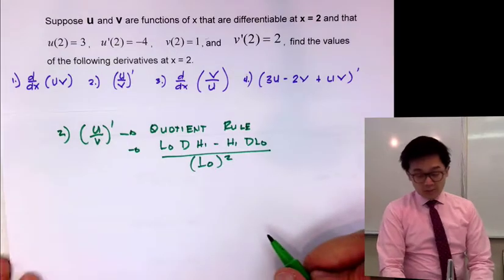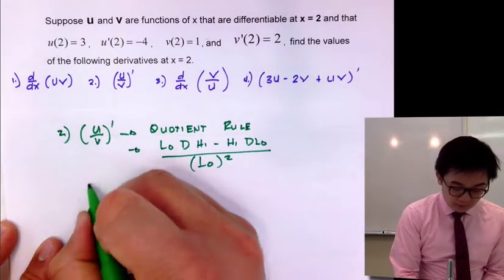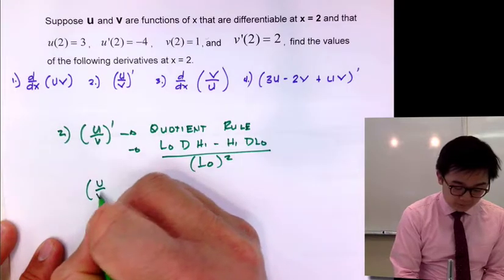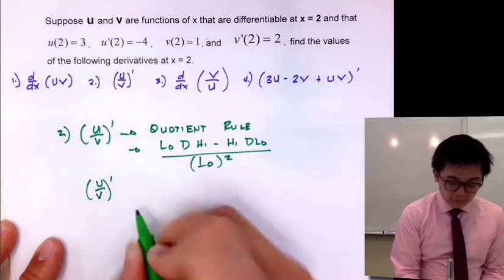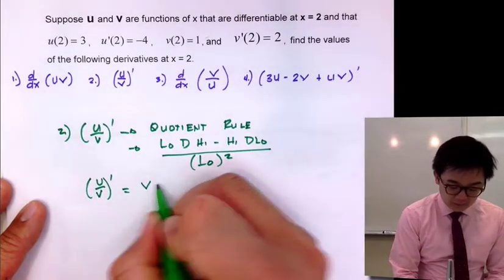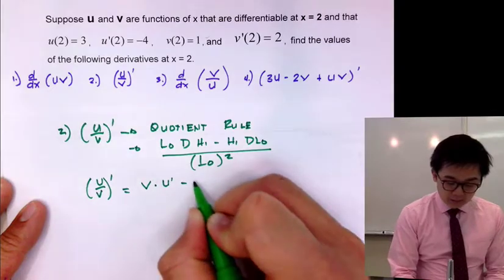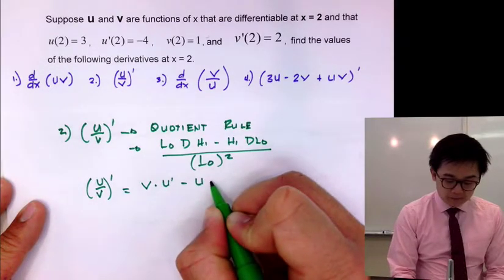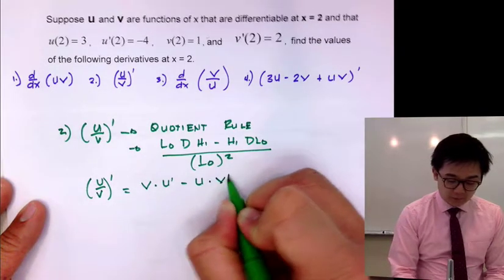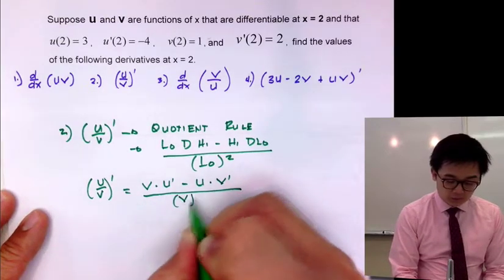Low means the denominator and high means the numerator. So to use that to find the derivative of u over v, it's simply v times the derivative of high, which is u prime, minus high, which is u, times the derivative of low, which is v prime, all over v quantity squared.